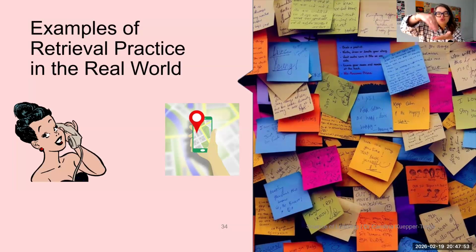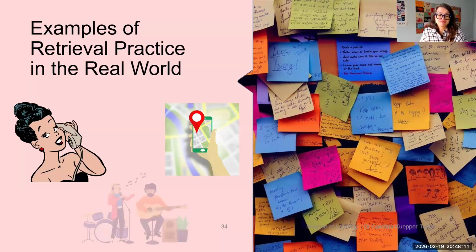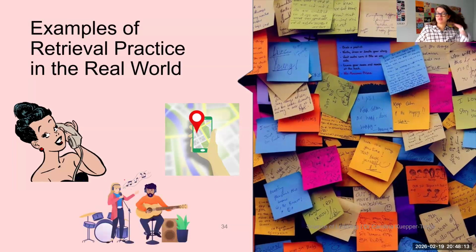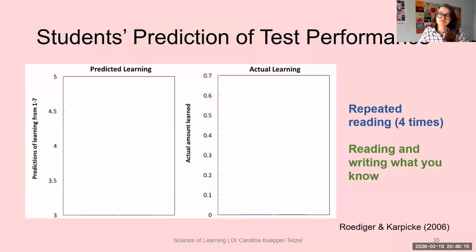So you're storing those cues I talked about earlier, and they help you later remember that information. If we never do it from memory, it's going to be hard for us to actually do it from memory in the future.